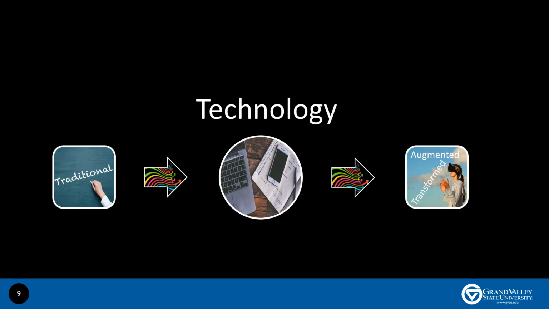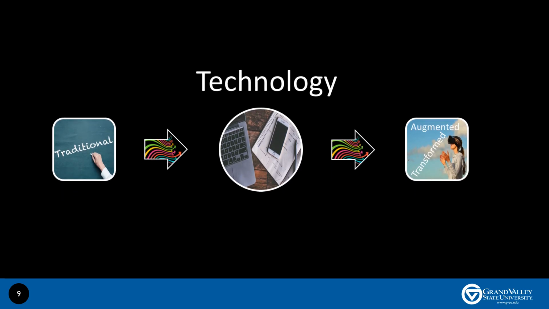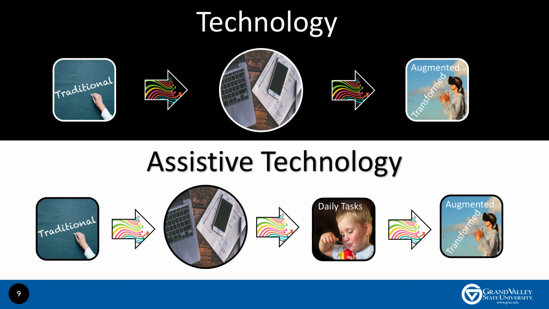However, when we are leveraging technology repurposed as assistive technology, we are hoping not just to augment and transform the traditional approaches, but actually to enable our students to perform tasks that are part of daily living and learning, which we would hope would eventually lead to a higher level of critical thinking, therefore a better learning experience.